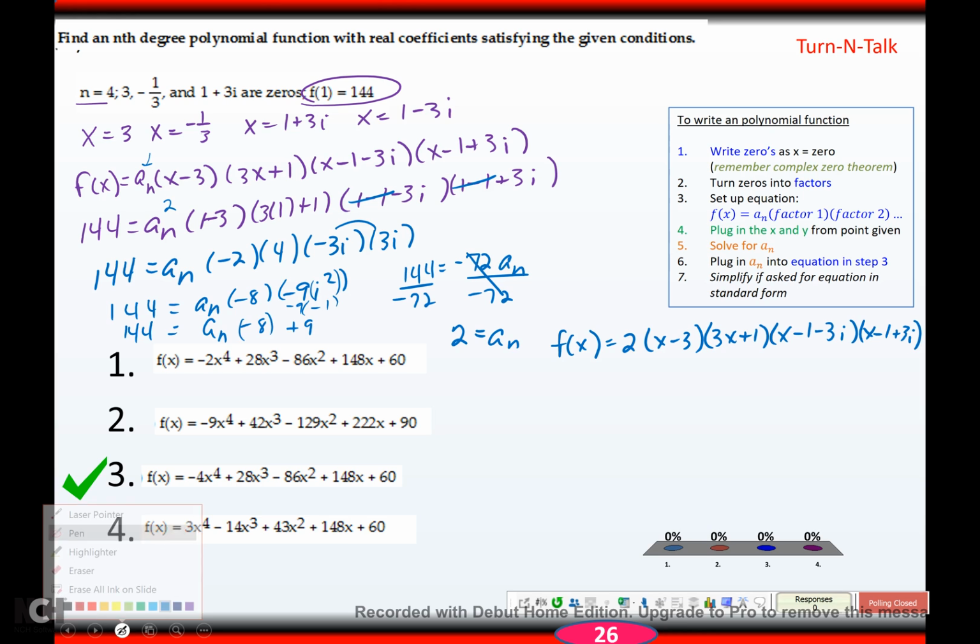And if we multiply all that mess together, you should end up with this function.